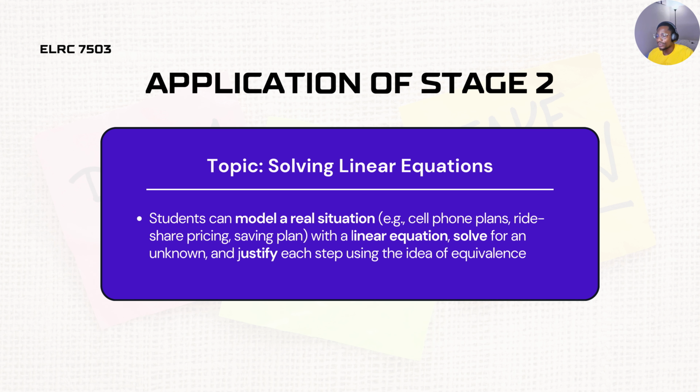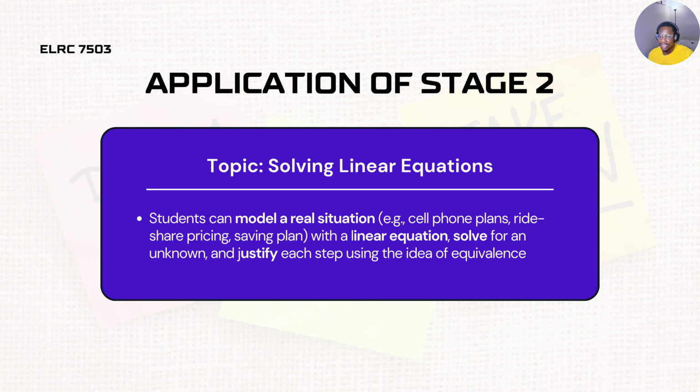How does stage 2 play out in my solving linear equation class? This is the stage where I want students to model a real world situation. Linear equation or algebra in general is not about pushing the x's and the y's, but it's also about being able to use these x's and y's in a real contextual setting.